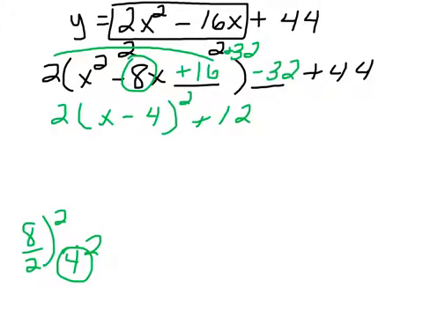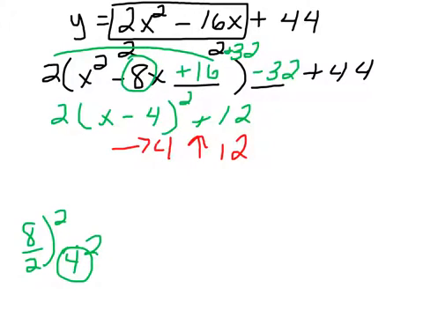On the test, it asks for several things. It asks for my shifts, it asks for my vertex, and it also wants to know if it's going to open up or down. So in this case, I'm going to go right 4, up 12.